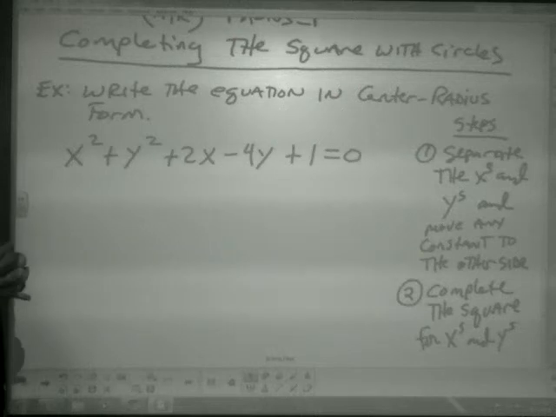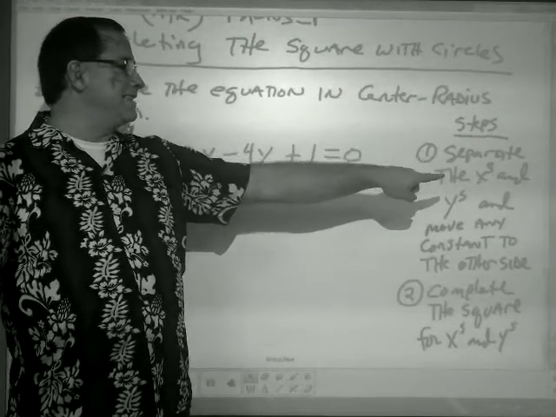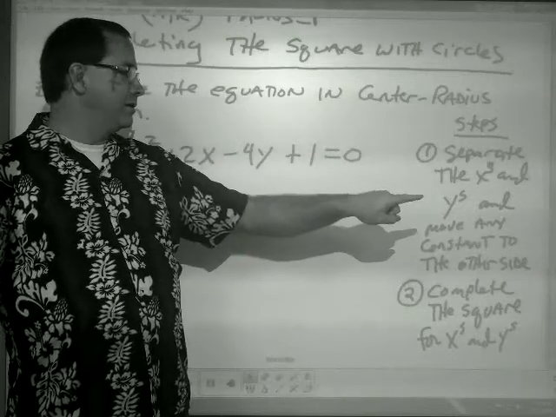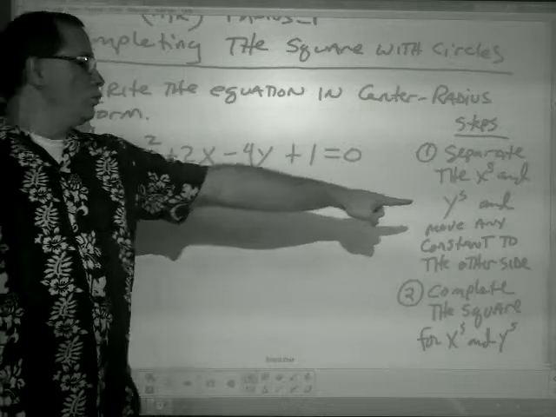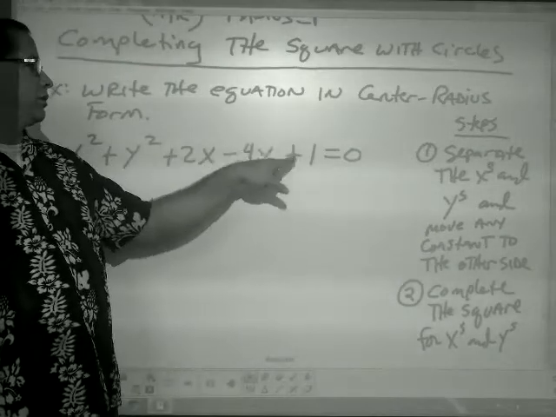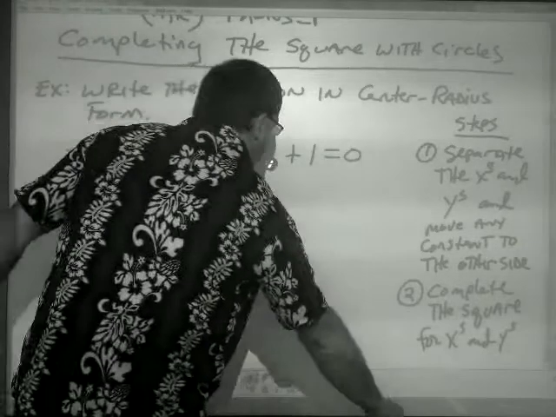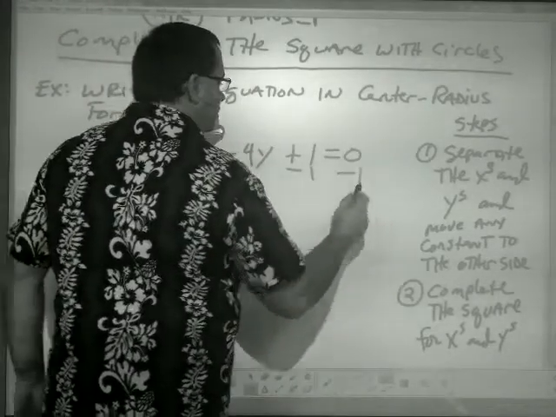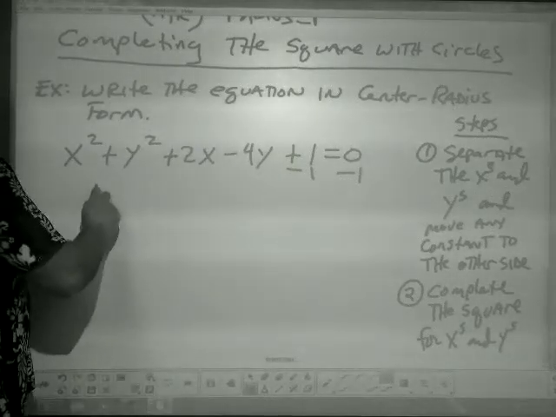All right. So first of all, step one, separate the x's and the y's. All right. So we're going to separate them and move any constants, so that's numbers without a letter, to the other side. All right. So we got a couple tasks. I'm going to get this over to the other side because it's not attached to x or y. I'm going to rewrite this so the x's come first.